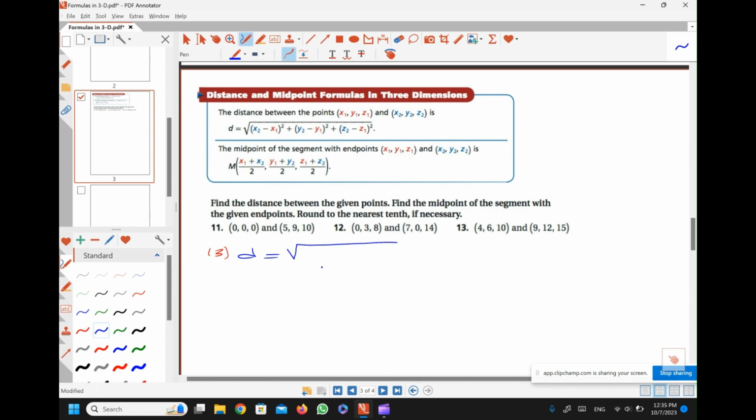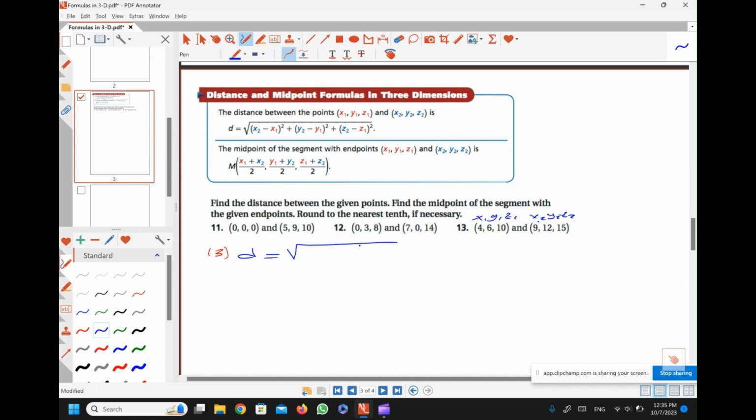Your x's are 4 and 9. You can write x1, y1, z1 here, x2, y2, z2 here. Order doesn't matter. You can switch the points' order. What matters is the order of the coordinates. So first x coordinates, second y, third z coordinates.